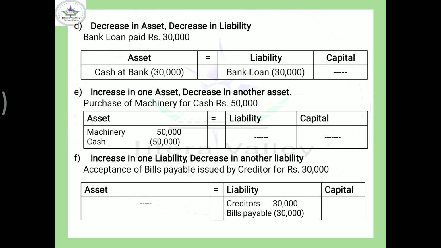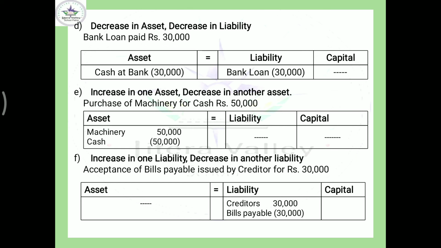Now here comes the next transaction. Decrease in asset, decrease in liabilities. We have already taken an example of a loan taken from a bank. Now suppose you have paid that bank loan, so your obligation will reduce.